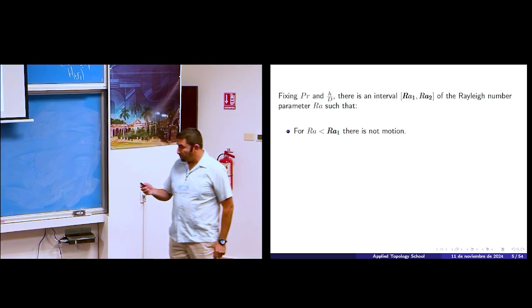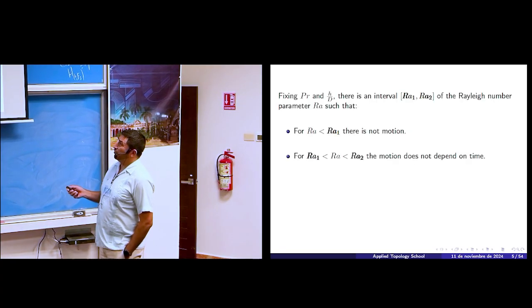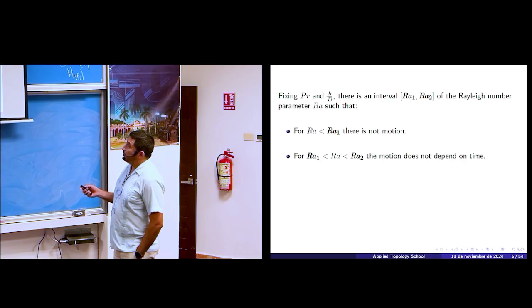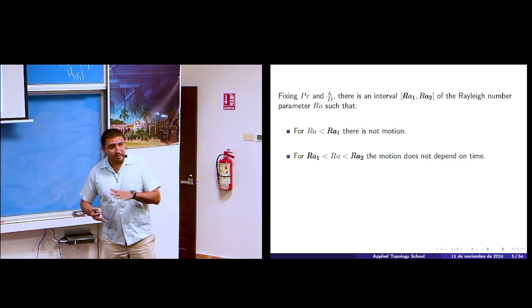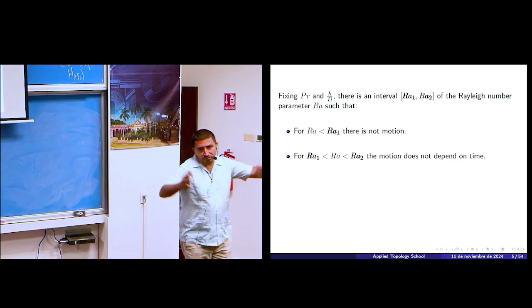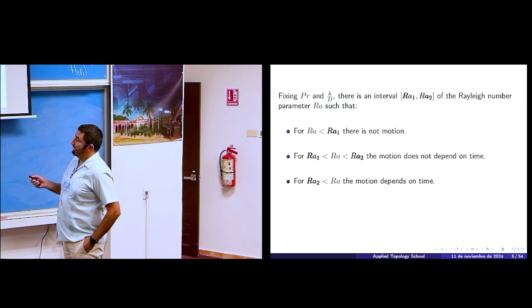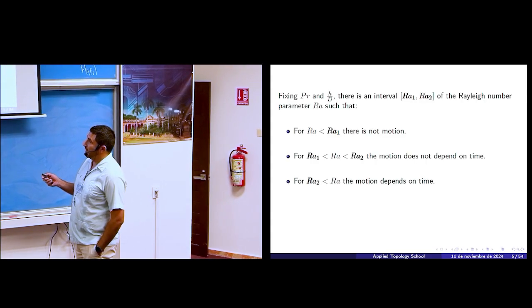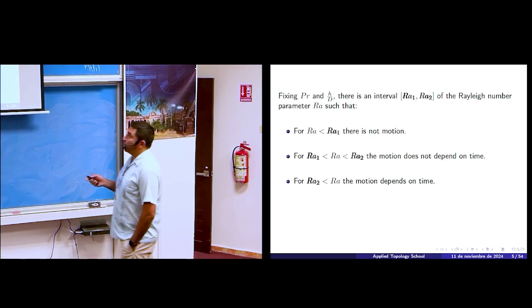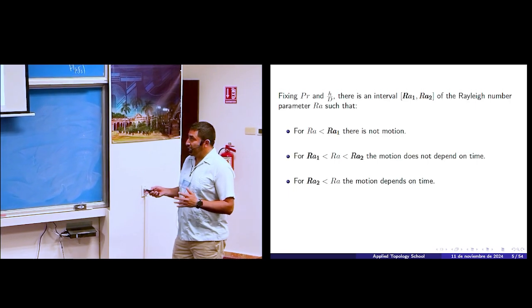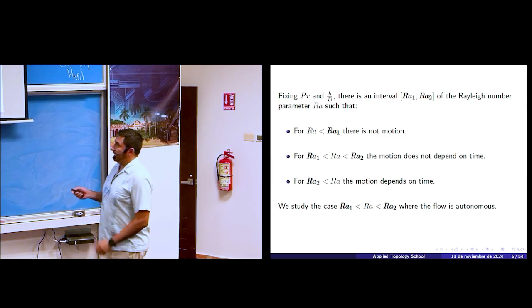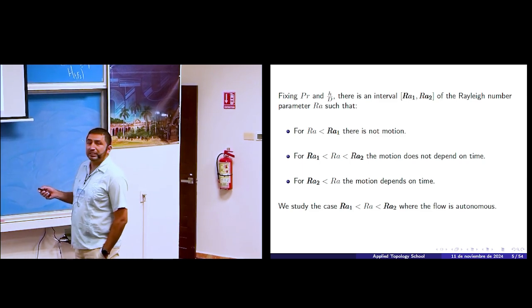If the Rayleigh number is between these two values, the motion does not depend on time. That means that the motion is the same during all the time. And if the Rayleigh number is larger than Ri2, the motion depends on time. We are going to study the Rayleigh numbers between these two values.